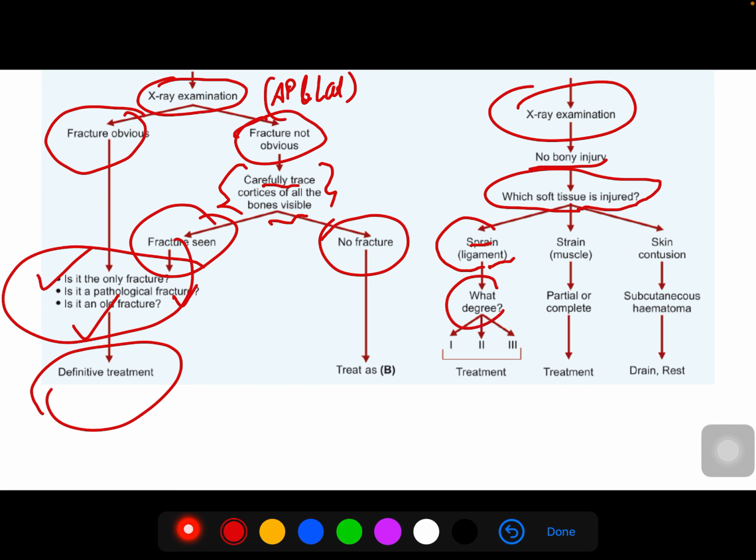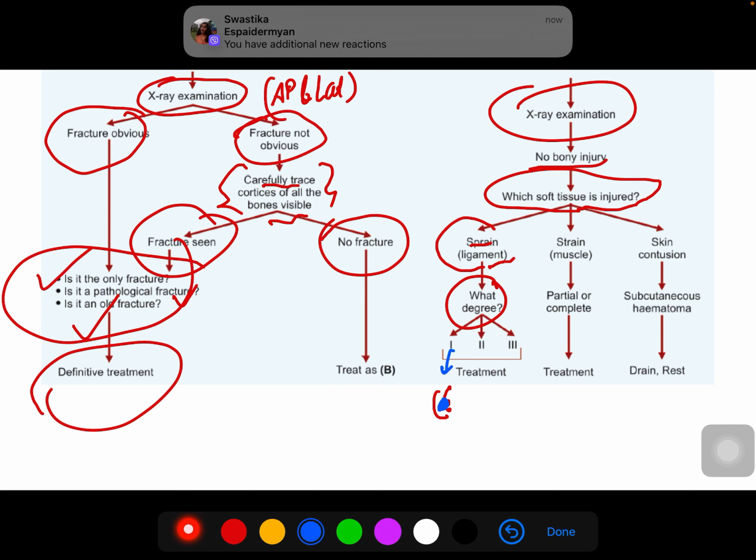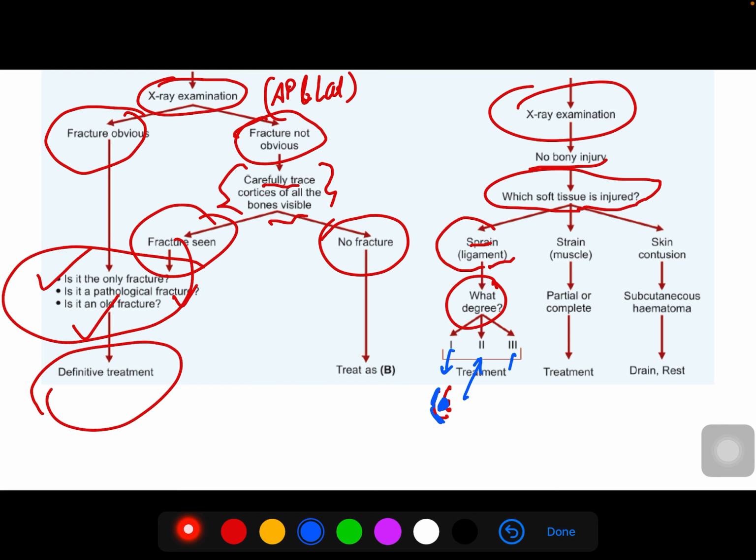So what degree of ligament injury: first, second, or third degree? If a little bit of the ligament is injured, then it is first degree. If more ligament is injured but it has not been disrupted, then it is second degree, and if it is disrupted, then it is third degree ligament injury of the sprain.